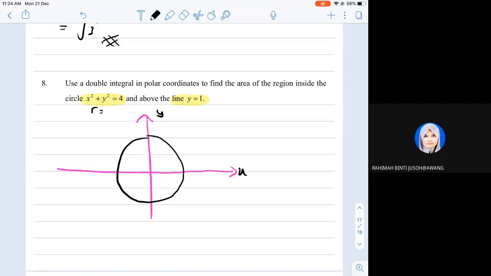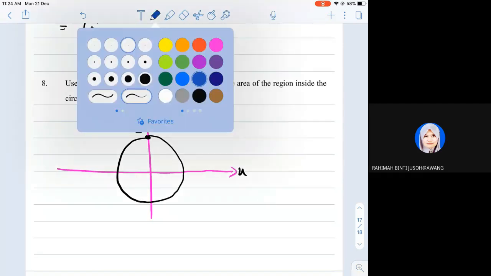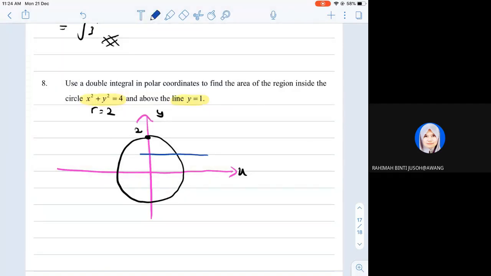What's the radius? R equals? 2. Okay, very good. R equals 2 here. Next, the line y equals 1. Of course, we have a line here. Let's say here is 1. Okay, so we have this region. We will shade this region.